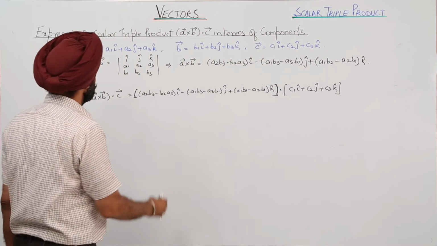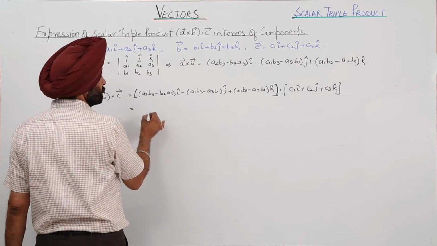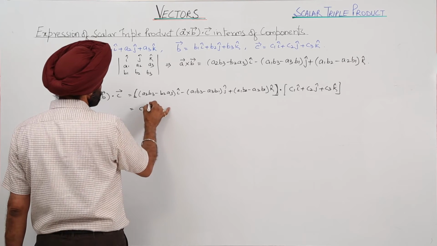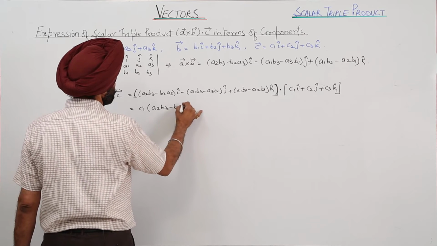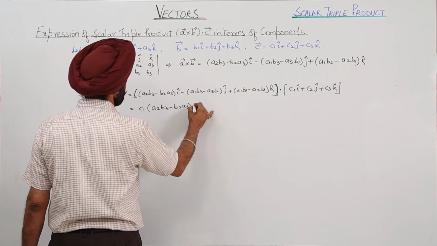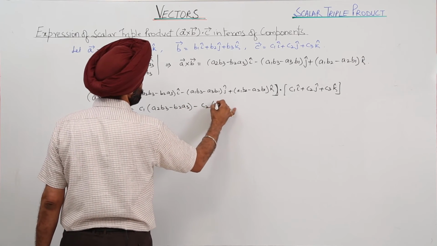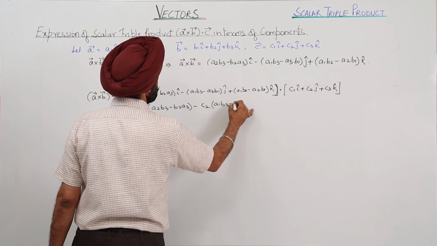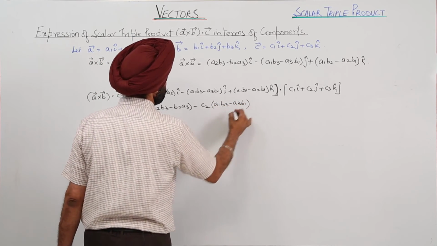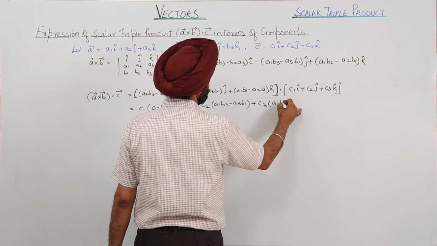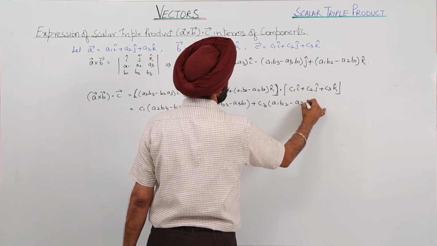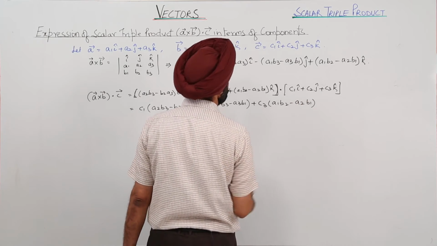Okay. Now this becomes C1 with (A2 B3 minus B2 A3), minus C2 with (A1 B3 minus A3 B1), plus C3 with (A1 B2 minus A2 B1).